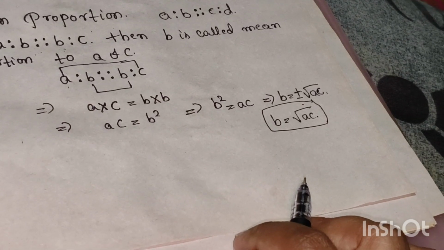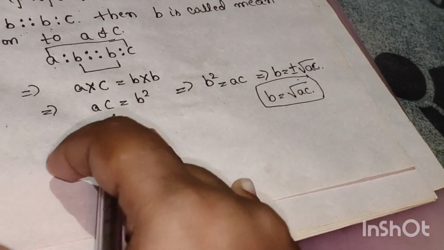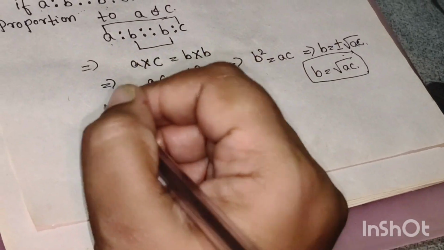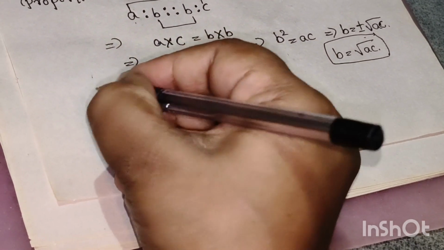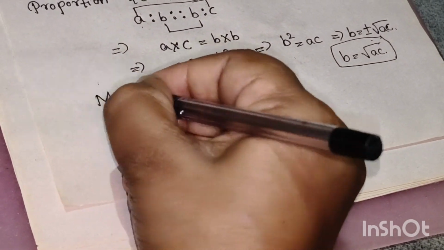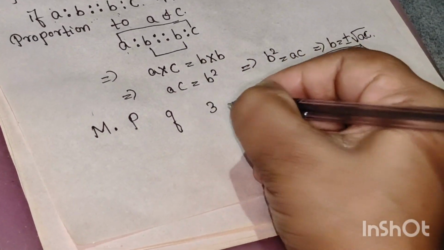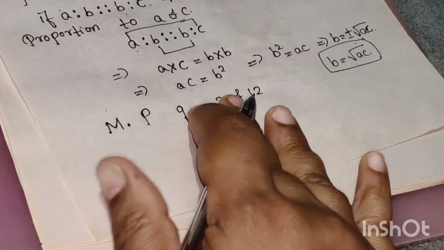Got it? For example, find the mean proportion of 3 and 12.